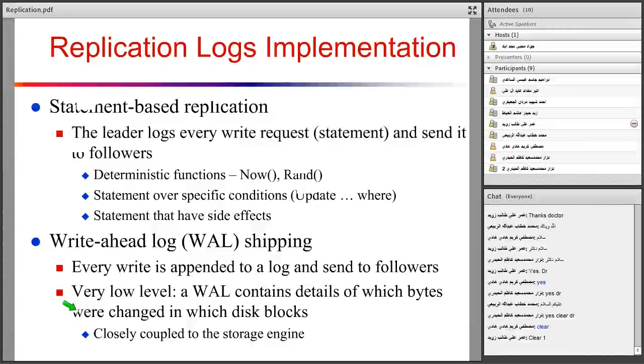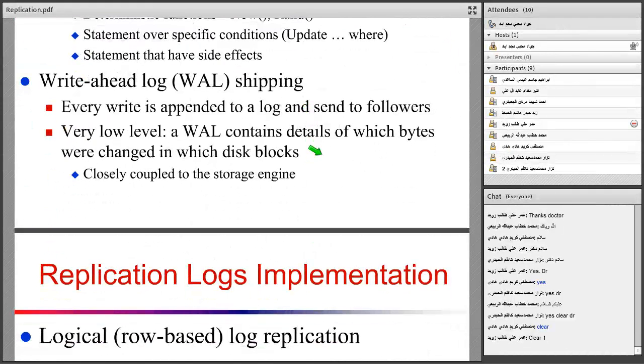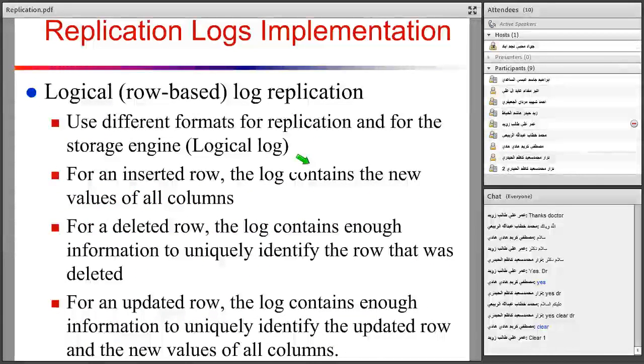Another technique is logical log implementation. I told you that logical information about the changes of the database is created by this method. I refer to the specific figure at the start of these slides.